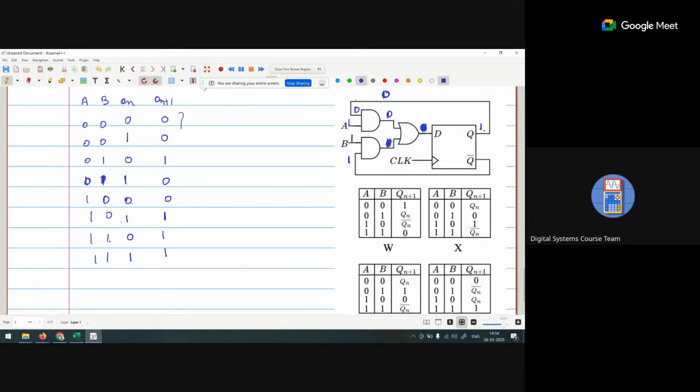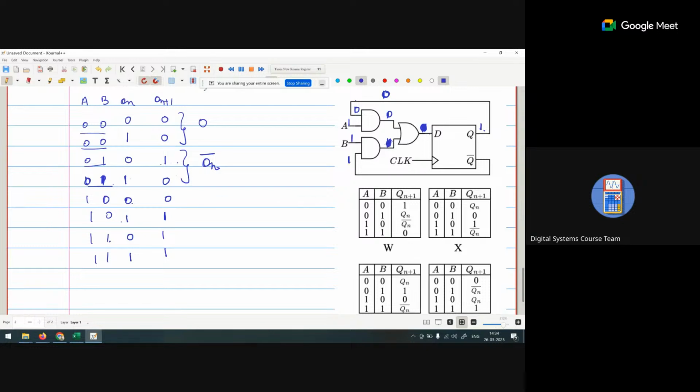So can I write down for this too? If I'm considering the equation for A and B as input, when A and B are 0 0, Qn plus 1 is always 0. When A and B are 0 1, Qn plus 1 is the complement of Qn. If Qn is 0, we are getting a 1.